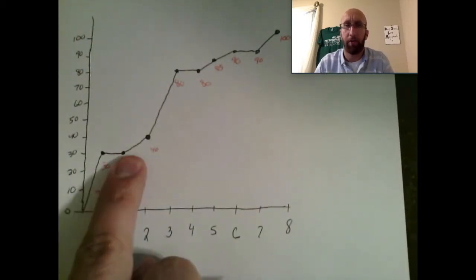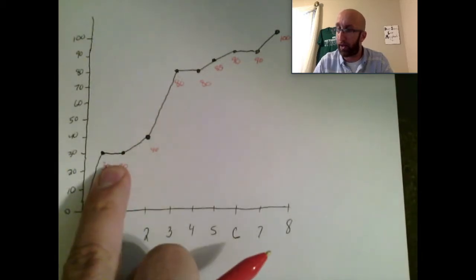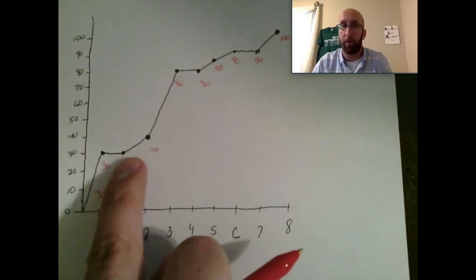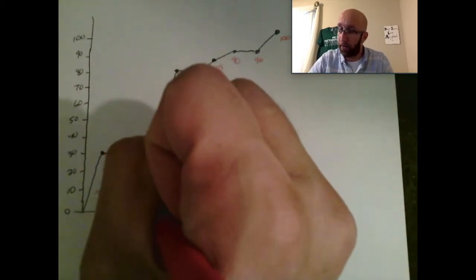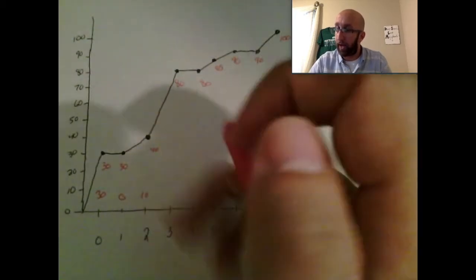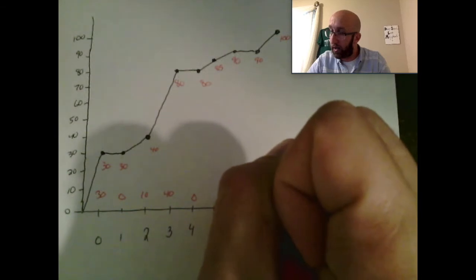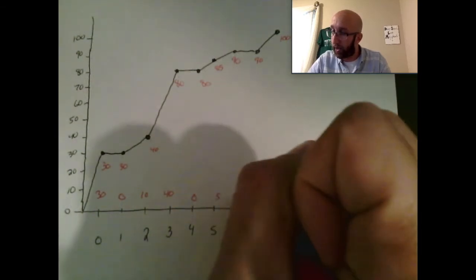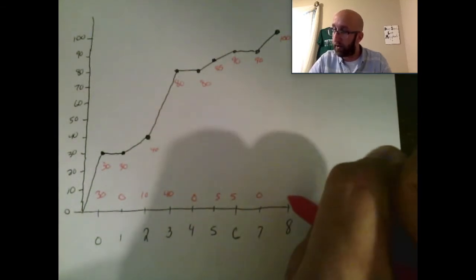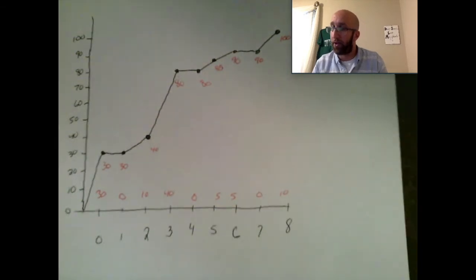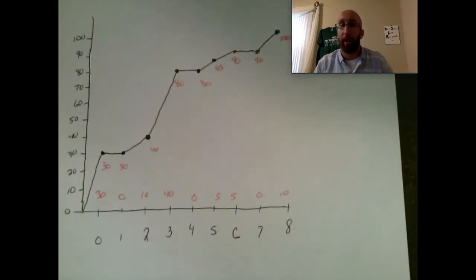If you look at 1, we didn't increase anything, so we're still at 30. And then to get to 2, we went up from 30 to 40, so we had a 10% increase. And then 40 to 80, that's a 40 increase, so on and so forth. There's a 0 there. Then we had a 5 and a 5, then a 0, and then 10. If you add all these up, I guarantee you're going to add up to 100%.